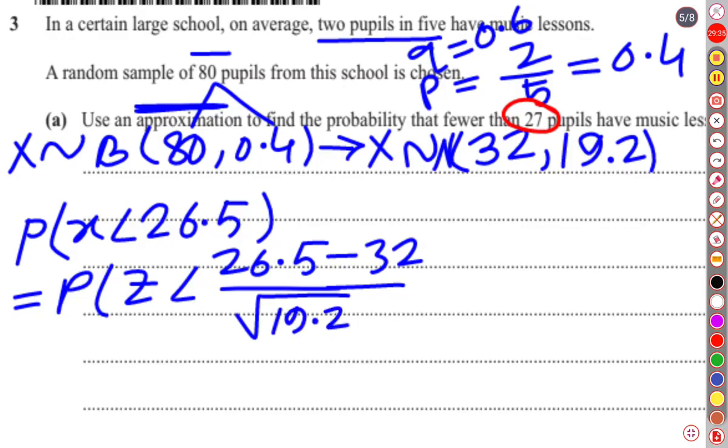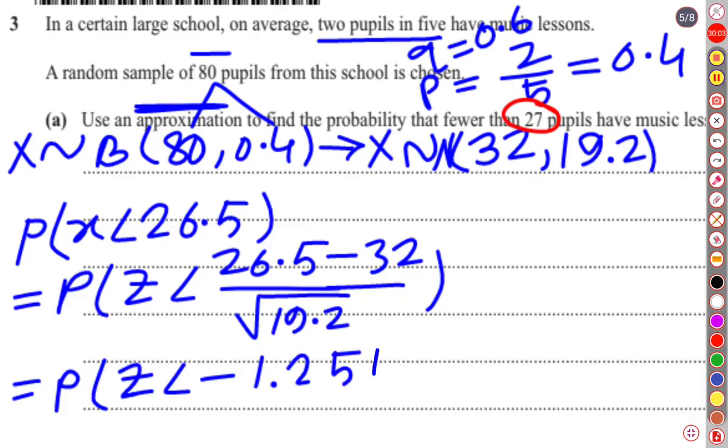Then the probability of z less than, as we are subtracting smaller numbers, it is definitely going to be negative. So z is less than negative 5.5 over 19.2, which is 1.255.